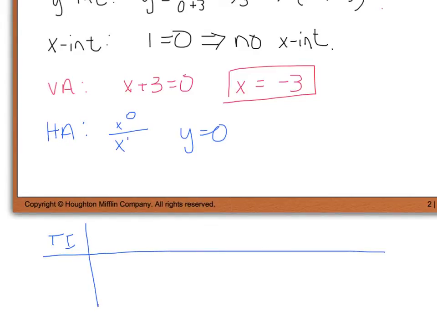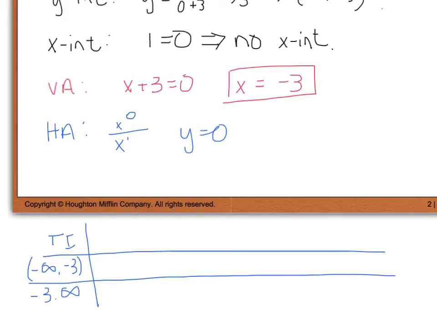I'm going to look at the values from -infinity to -3 and -3 to positive infinity. Then I'm going to find a value that I'm going to arbitrarily pick that's within each test interval. So I will pick -4 and 0. Then I'm going to evaluate the function at that point.